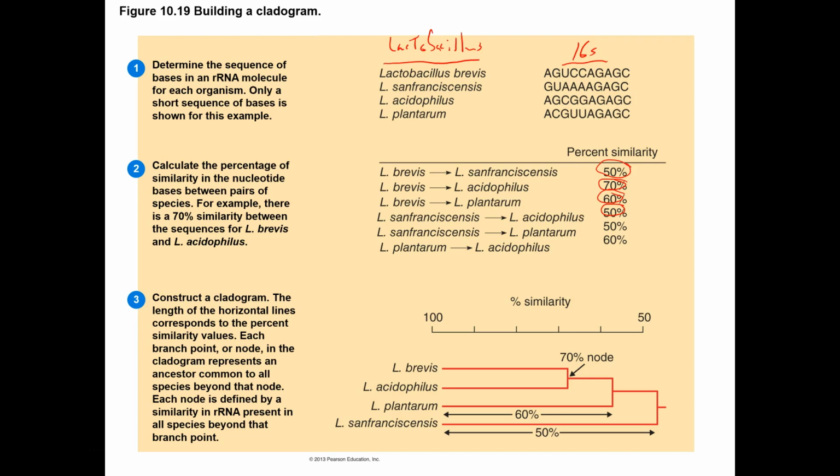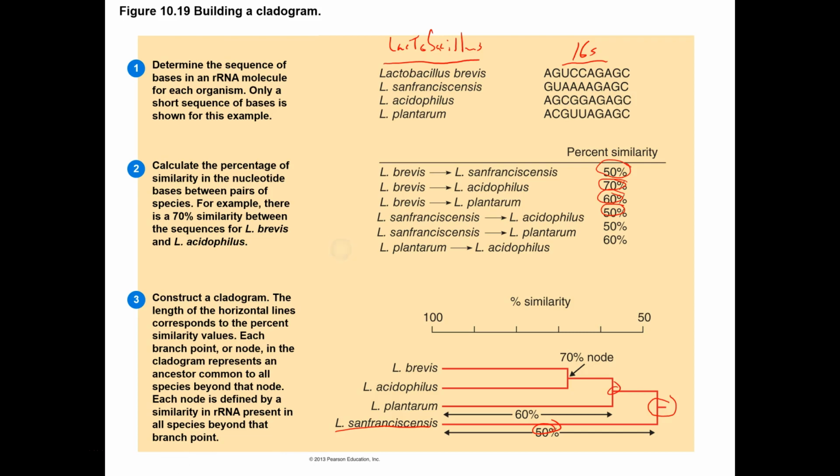Okay, so let's start with our last common ancestor between these four. Okay, the organism which gave rise to all four of these Lactobacillus species. So we put sanfranciscensis out on its own because in every case it was the least similar, only 50% similar. So that's the most distantly related one. So then we work our way up to the next branch point, those that were 60% similar.